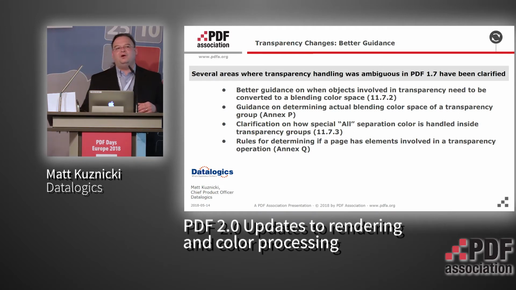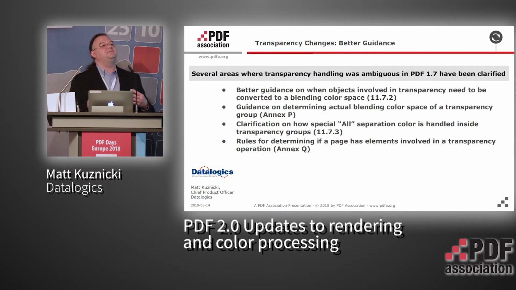So, over the decade while PDF 2.0 was being created, we discovered there are significant points of ambiguity with PDF 1.7 as far as transparency handling is concerned. And PDF 2.0 really did a lot to reduce this ambiguity and to bring greater reliability and standardization to transparency handling and rendering.